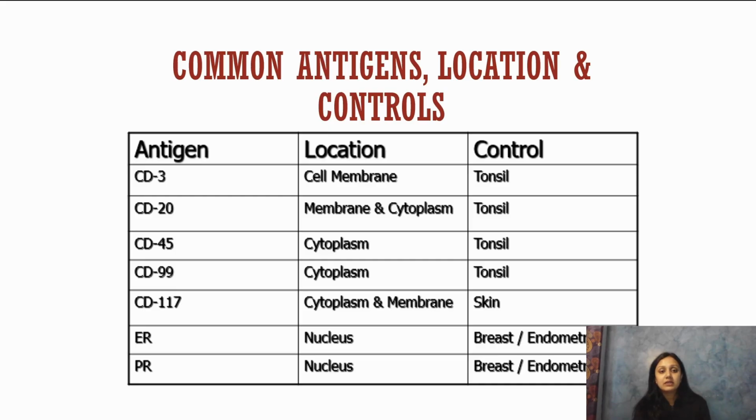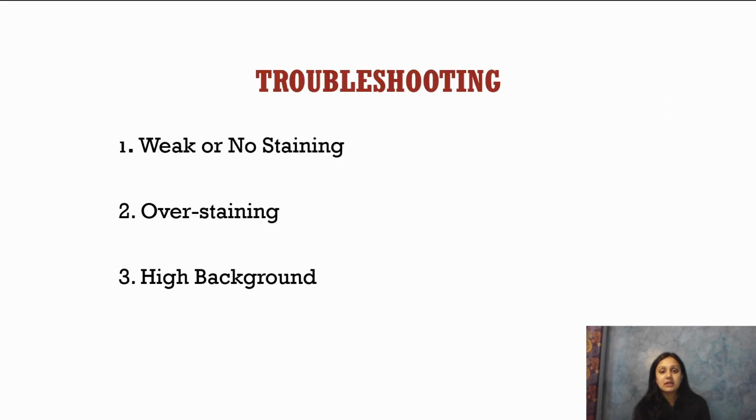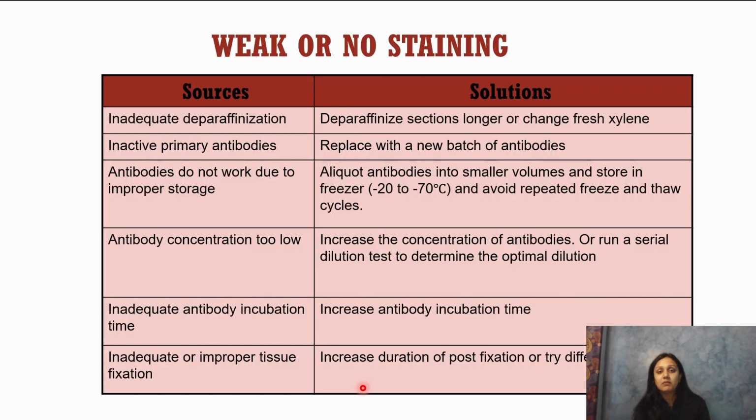Now, during all of these procedures, what we see is troubleshooting. The problems are weak or no staining, overstaining, and high background. All of these problems can be easily resolved. For weak or no staining, the reasons could be inadequate deparaffinization, inactive antibodies, or antibody concentration too low.